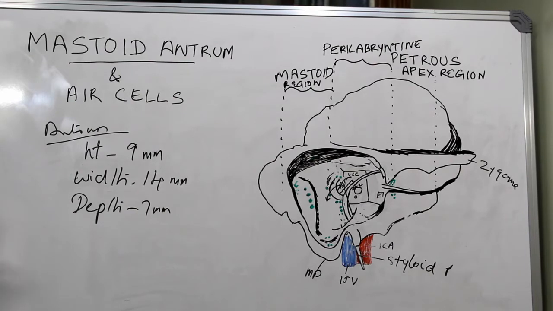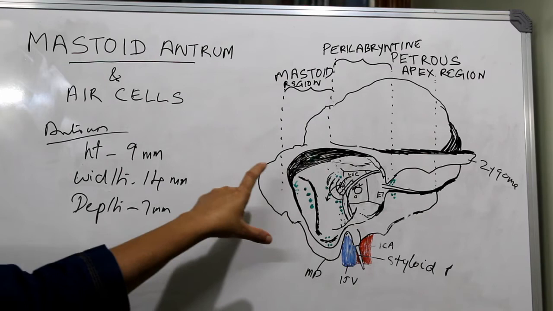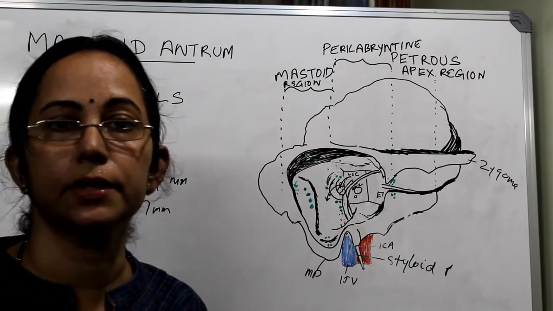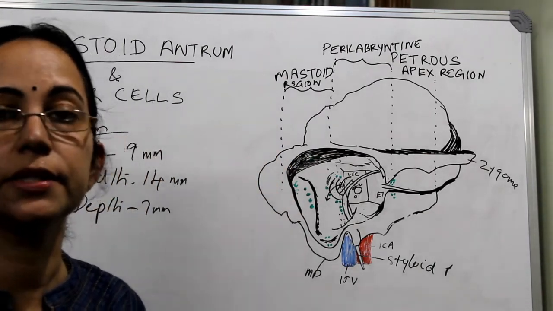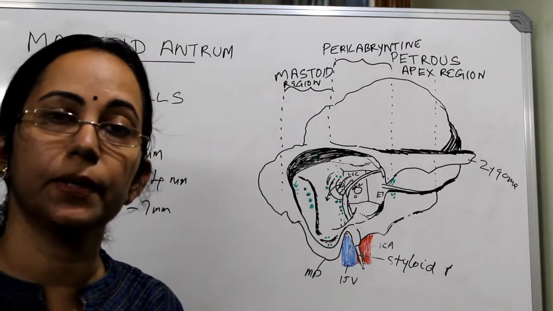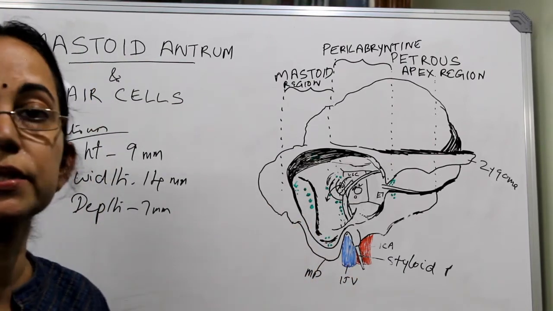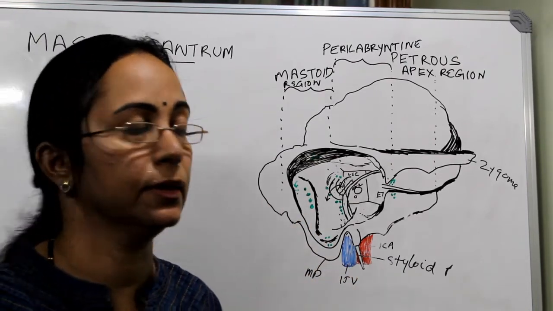Okay, and this mastoid antrum is a constant feature. It is the largest air cell and is constantly seen. And remember, the mastoid antrum is present at birth, but the mastoid process is absent at birth.